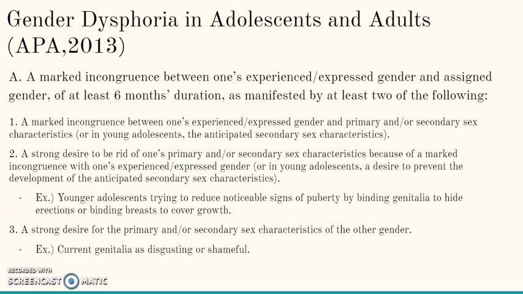The second is a strong desire to be rid of one's primary and or secondary sex characteristics because of the difference between their assigned gender and the gender identity. So sometimes younger adolescents will try to reduce noticeable signs of puberty, such as binding genitals to hide erections or binding breasts to cover growth. The third is a strong desire for the primary and or secondary sex characteristics of the other gender. So some people experience their current genitalia as disgusting or shameful.